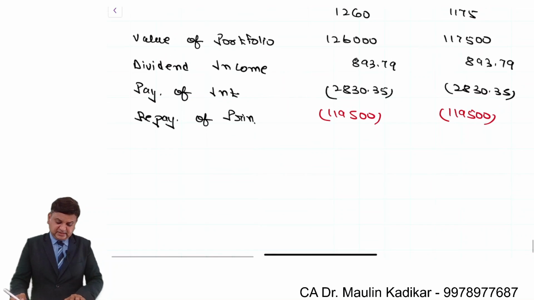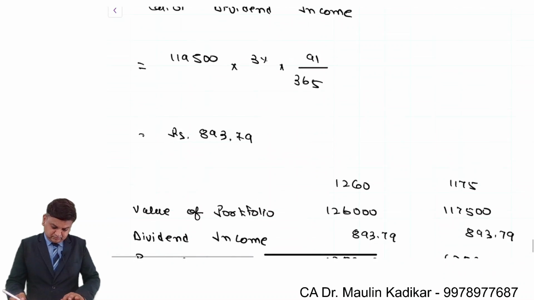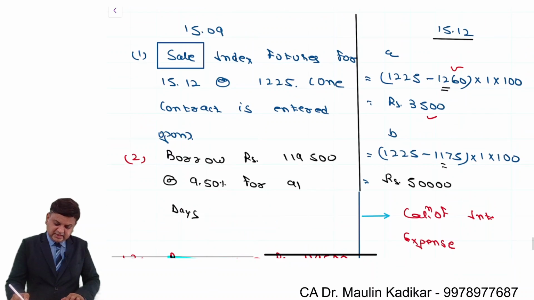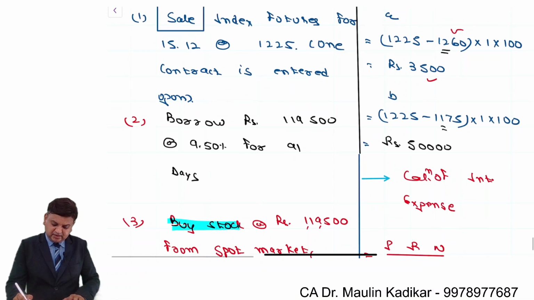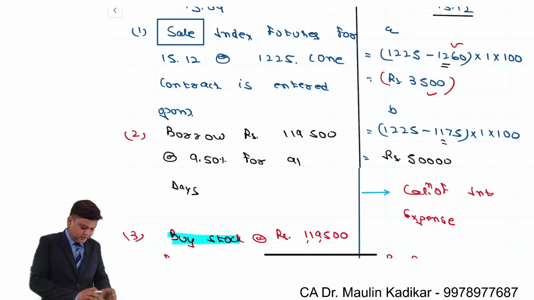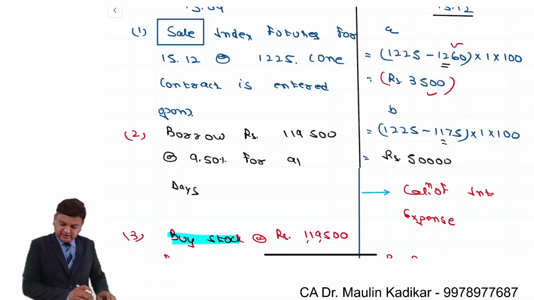Further, we understand that this is 3,500. That is the profit, and over here, sorry, this is the loss. 1225 minus 1260 into 100. So loss of 3,500, and 1225 minus 1175, so profit of 5,000.